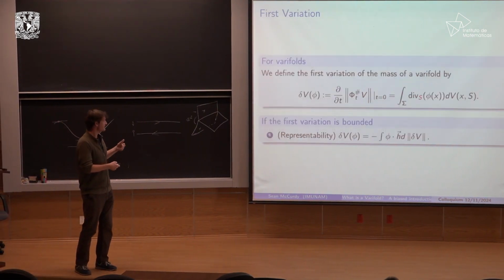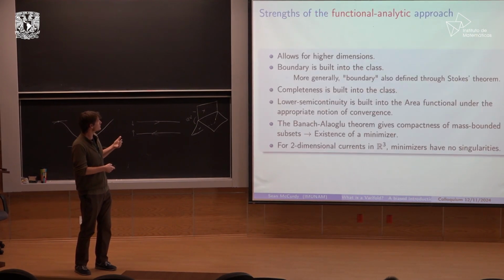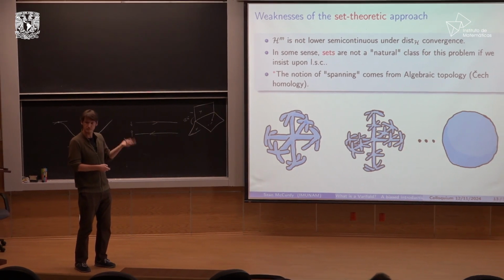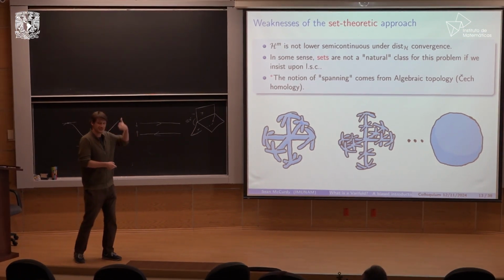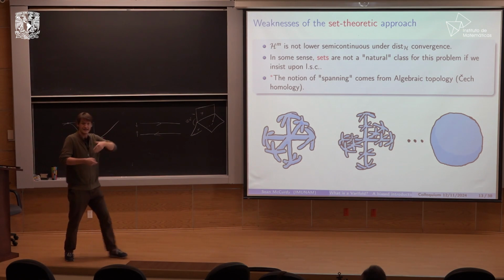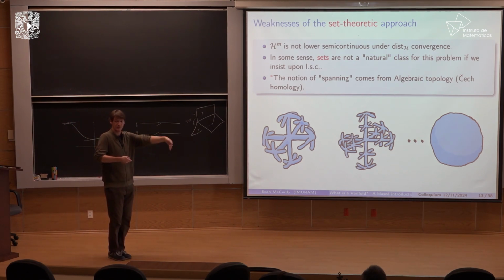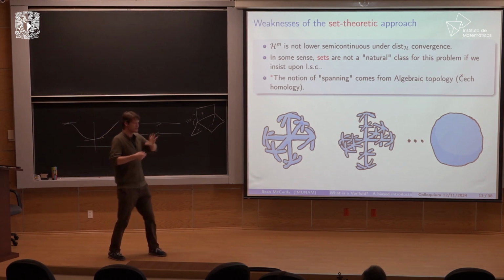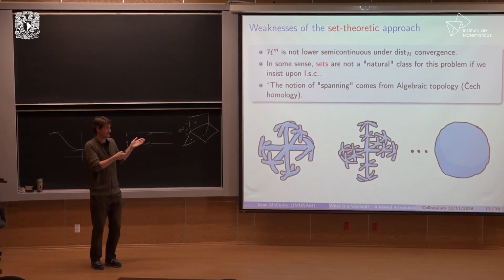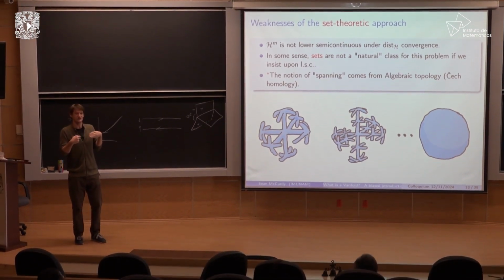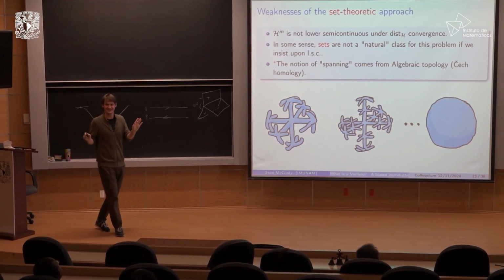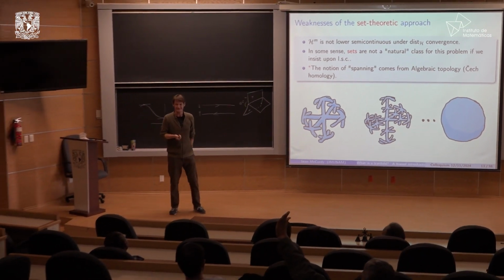But I acknowledge that particularly for the examples in the set theoretic approach, where the notion of boundary is just a set, whether or not you have a non-trivial solution to Plateau's problem is then a problem of algebraic topology. That's also very natural in one sense, but I'm not an algebraic topologist. So I see this and go, oh, I really want the measure theoretic notion of boundary. So it's very biased. Okay, thanks.